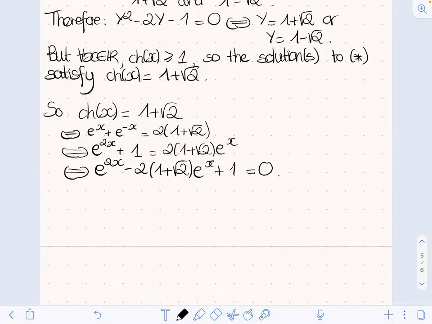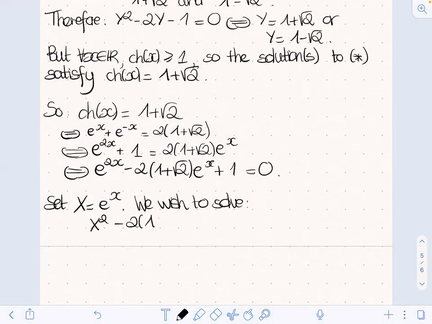And then we can deal with this as another polynomial. So if we set X equal to e to the x, we want to solve the following. X squared minus 2 times 1 plus square root of 2 x plus 1 equal to 0.